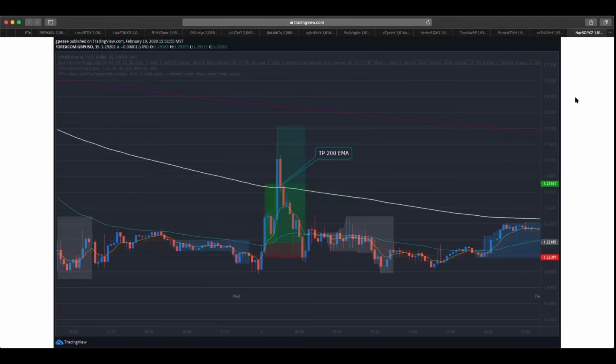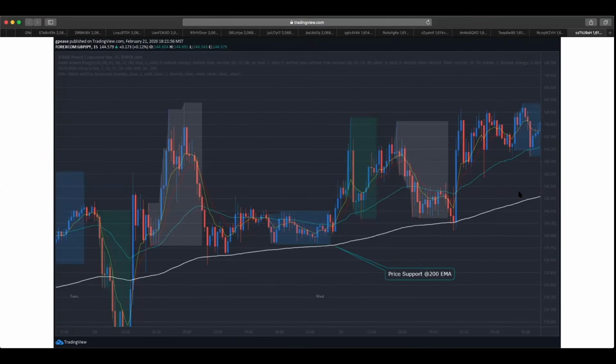Yes. Take profit at the 200. So I take it this is support at the 200 EMA. So pins to the 200. It doesn't pin here, right? It's not pinning to the 200, it's right above it. A couple different things. This being the Asian box, you can say it's basically support.